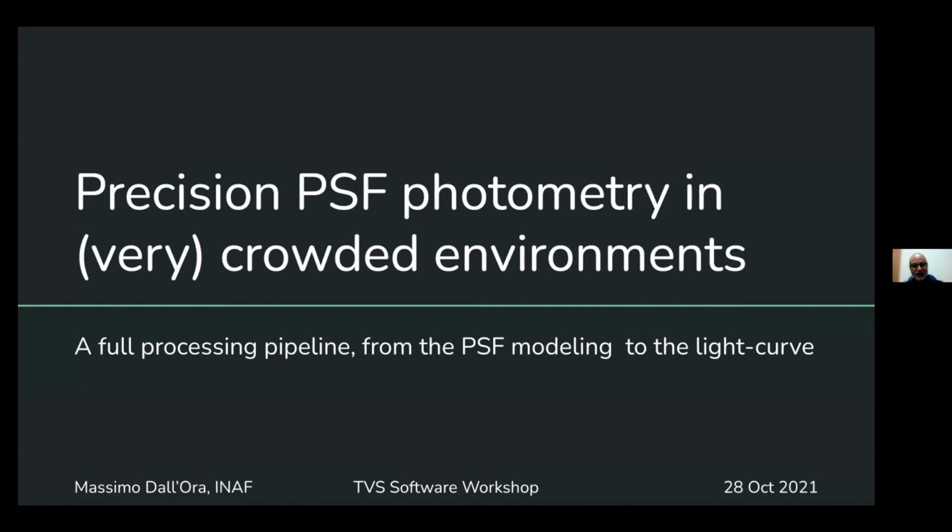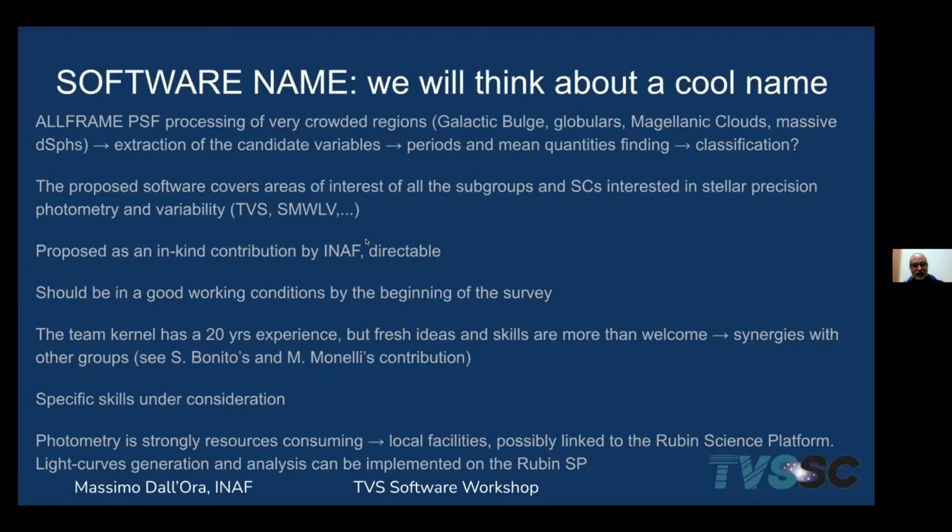Next slide, please. We don't have a name for this yet, but the idea is to perform PSF or frame photometry on very crowded regions, extraction of the candidate variables, and then computing periods and mean quantities, and maybe a classification.